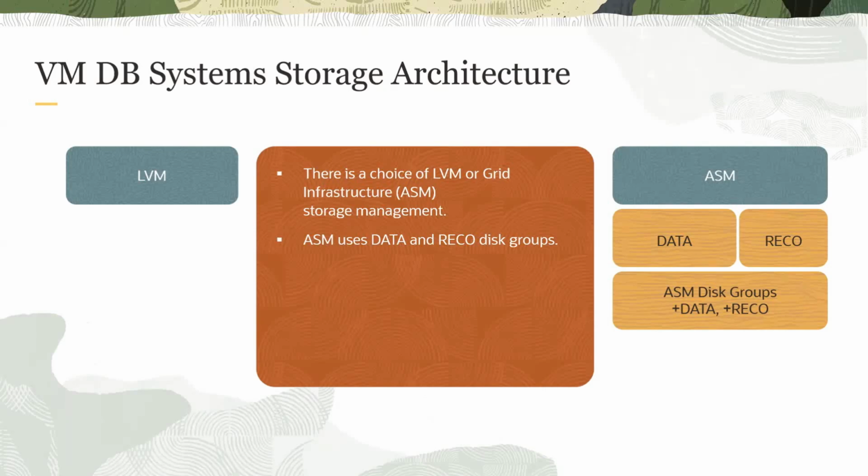When you do select ASM storage management for your virtual machine, you will select your Oracle grid infrastructure, and you do that when you provision your ASM. It will then use the DATA disk group as well as the RECO, recovery disk group. By default, when you create your virtual machine, your ASM disk group will be allocated 80% for your data and 20% for your RECO, your recovery disk group.